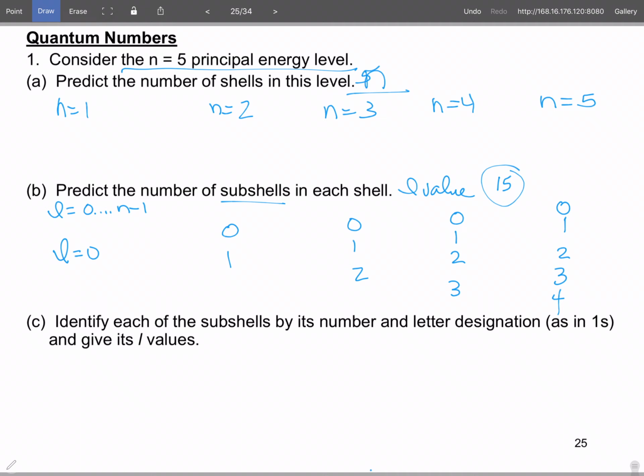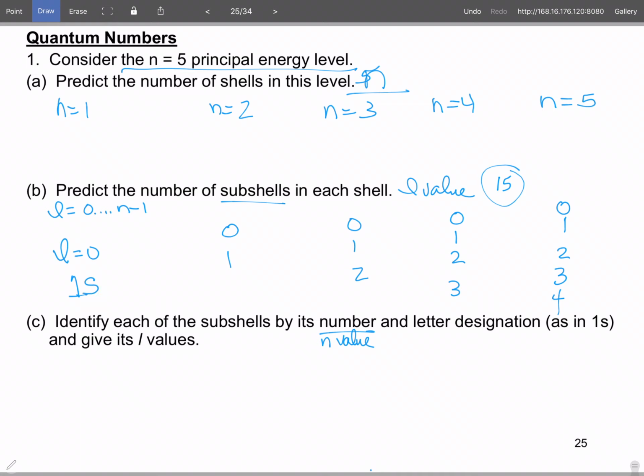Then it says to identify each of the subshells by its number and letter designation. This actually isn't hard. The number is the n value, the principal quantum number value. And the letter designation, remember, is L equals 0 means it's s, etc. So this value is the first energy level. It's 0, so that's a 1s.